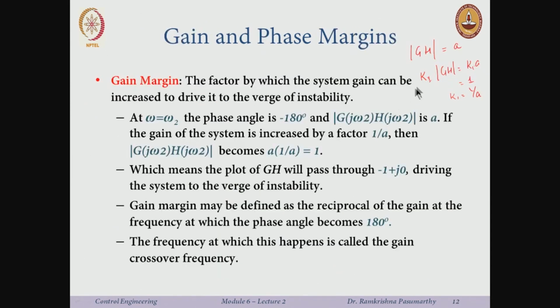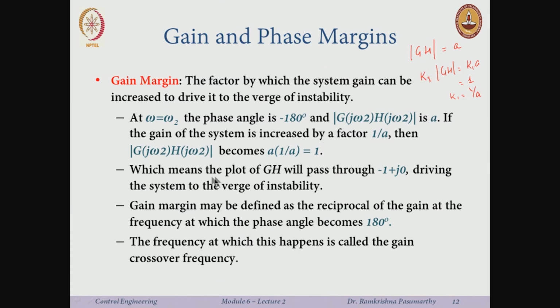So, if I add more gain, it will just show up here. This is multiplied by the actual magnitude A. When does it go to 1? That goes to 1 when this additional k1 is 1 over A. So, if the gain of the system is increased by a factor of 1 over A, then the magnitude of g1 becomes A, the original magnitude, multiplied by the additional gain k1, which we put as 1 over A. This is 1.